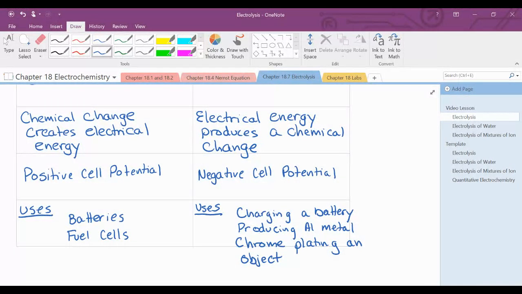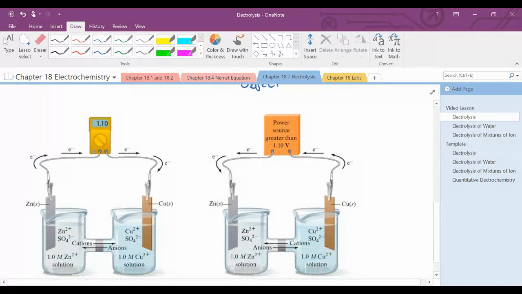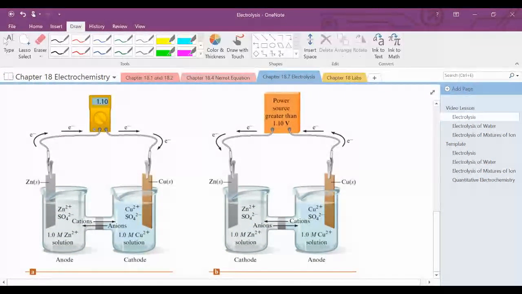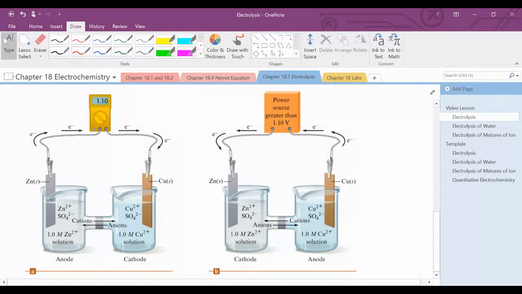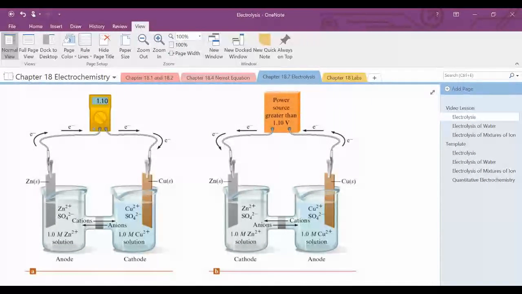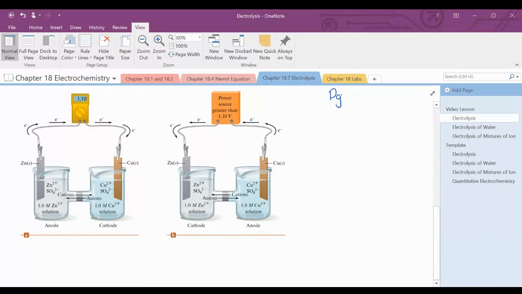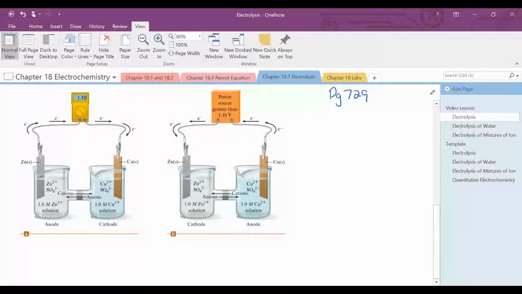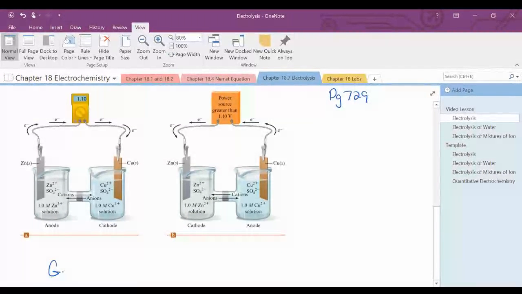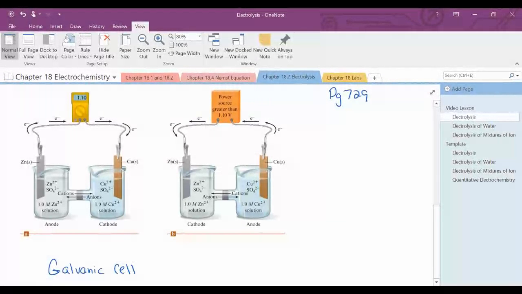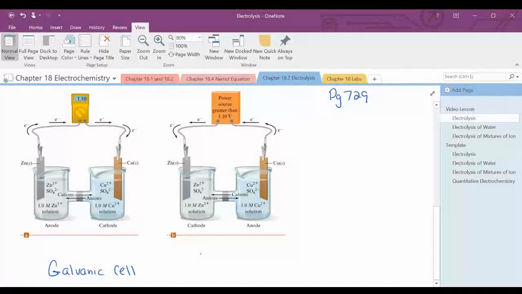So let's look at a diagram of a voltaic cell. This is from your book, page 729. On the left-hand side is a galvanic cell. On the right-hand side is the new cell we're looking at, an electrolytic cell.